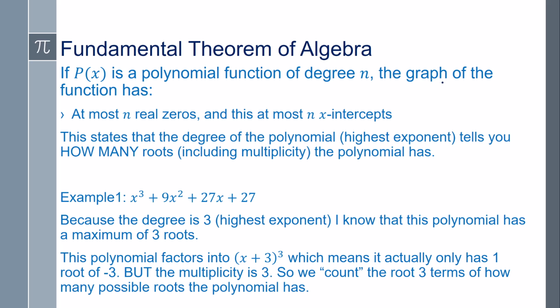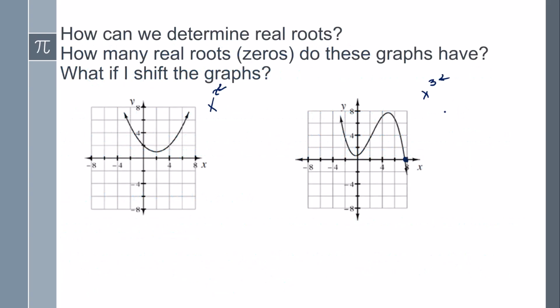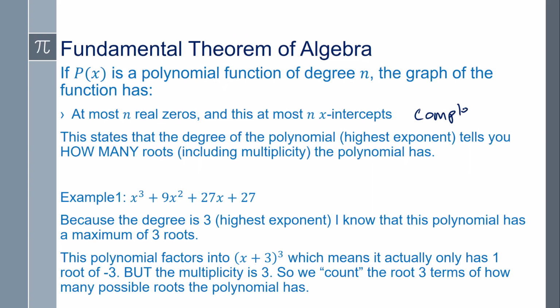Now, we can take this a step further and say also complex roots. That n degree means how many complex roots, if you include multiplicity, that polynomial is going to have. That's the fundamental theorem of algebra.